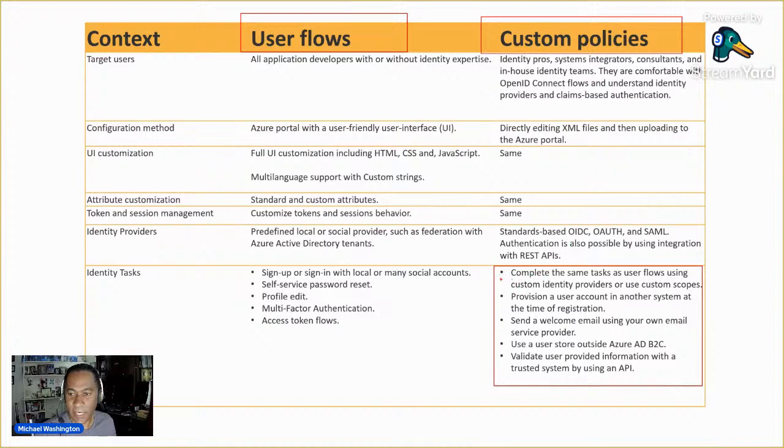But the real difference is down here, and some of the big things that it does is you can actually provision an account in another system. You can actually send customized welcome emails. You can actually store user information outside of Azure B2C. And you, of course, can have advanced validation against external systems, as well as progressive profiling and all sorts of things like that.